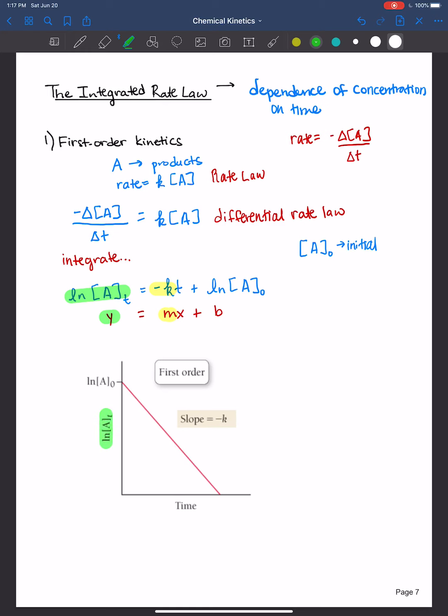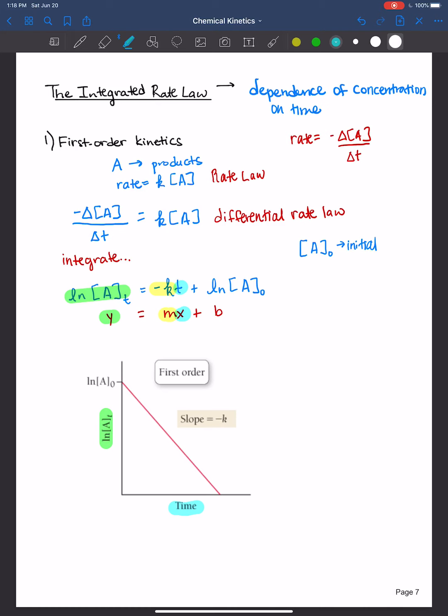So if you were given data, and remember that all kinetics has to be experimental, so it's going to be a lot of data analysis, the way that I remember to plot the data, if I know I have first order kinetics, is I look at the equation for first order kinetics and I see that for y, I need to plot the natural log of A as a function of time, so that's for the y-axis. And then I look at x here, and I see that x is just time, okay? And that should be plotted on the x-axis.